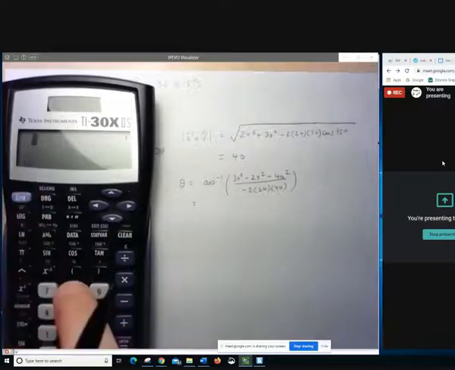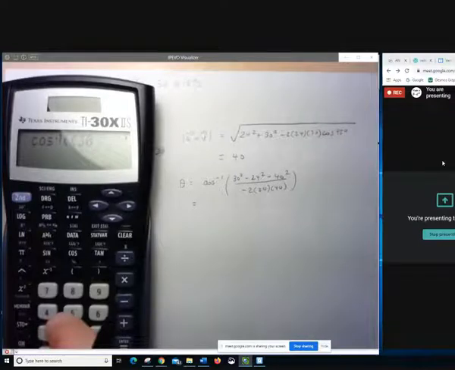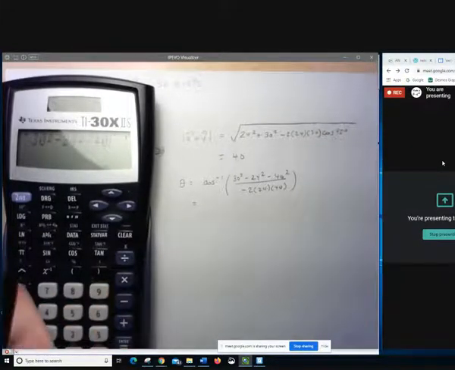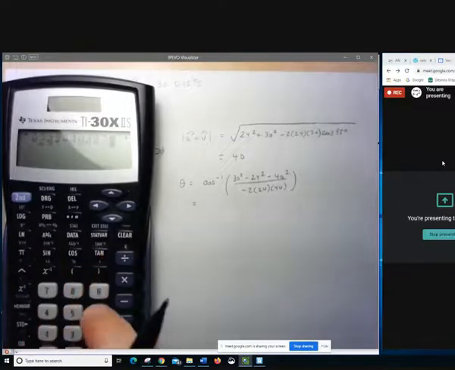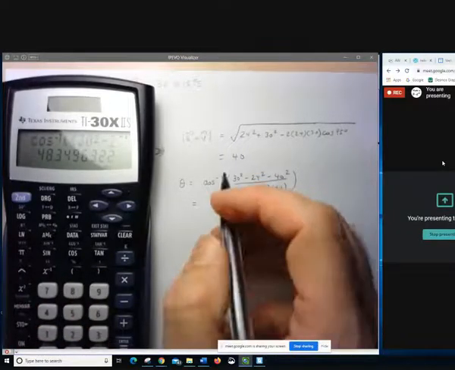Okay, but it just means I don't even have to think about any ambiguous cases. There's 30 squared minus 24 squared minus 40 squared divided by -2 times 24 times 40. Okay, and what do we get here? We get, looks like 48.3 degrees.